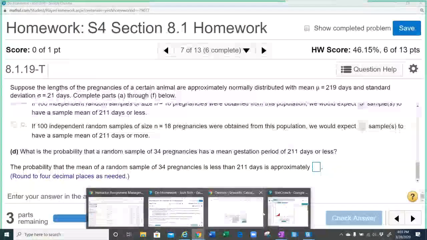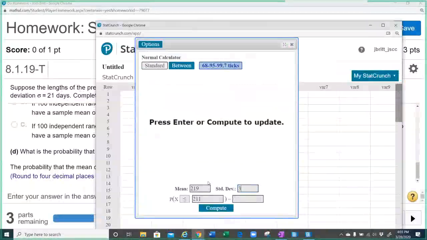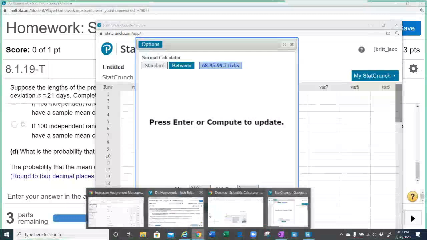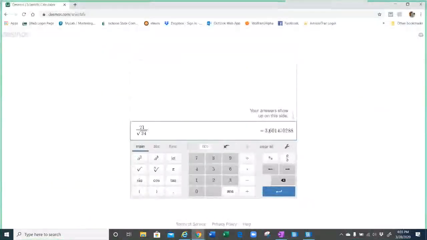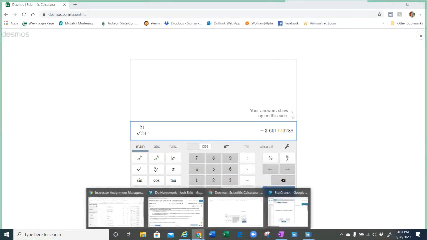Let me jot this down here, 3.6015, 4 decimal places.